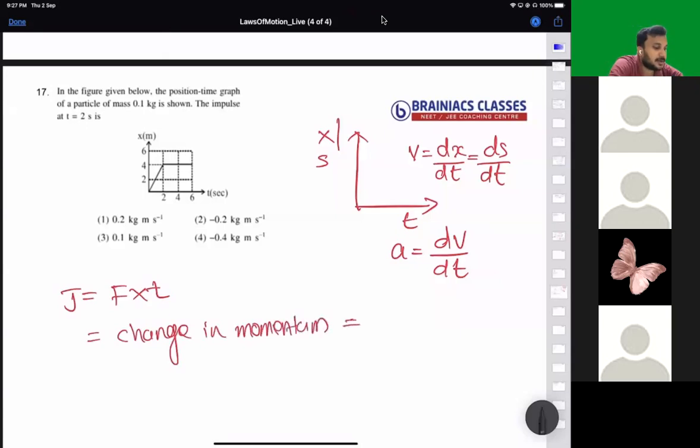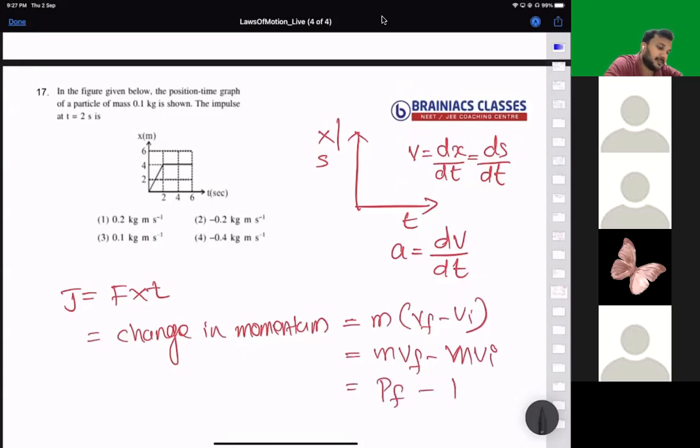Change in momentum means mass into final velocity minus initial velocity, and again we can write m into vf minus m into vi. So this is equal to final momentum pf minus pi. That is the concept.